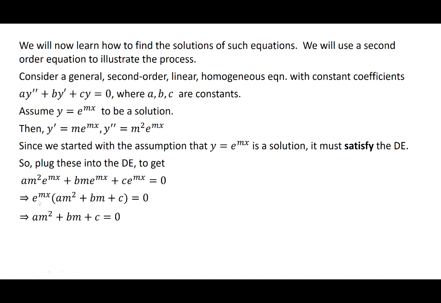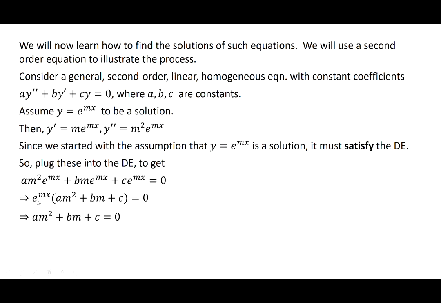So that means either e to the mx is 0 or this stuff is 0, which means, of course, both could be 0 is a different case. That's also automatically understood. But the thing is, I don't seem to say e to the mx could be 0. I just cavalierly said this must be 0. Why? Because e to the mx is not going to be 0.